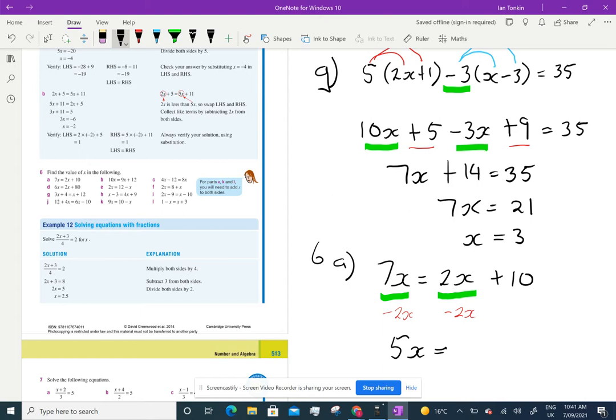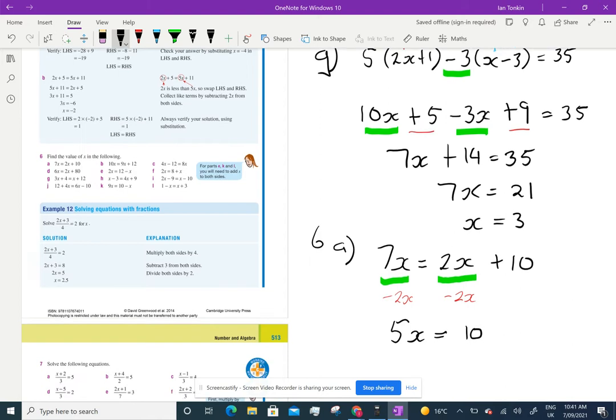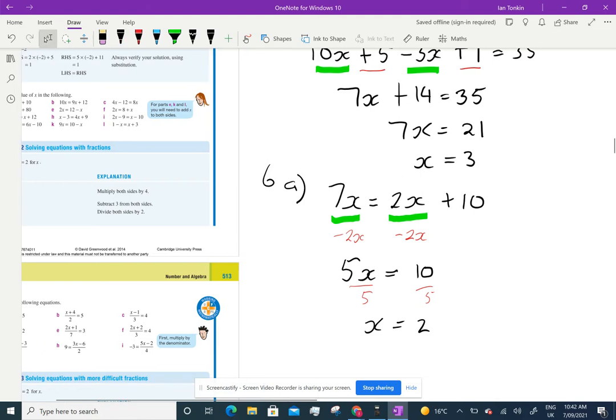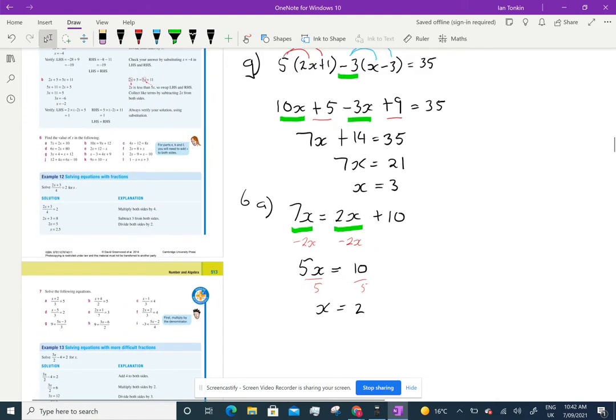And this 2x, it's gone. And I'm just left with 10. Now I divide by the 5. And I get x equals 2. I'm going to do a couple of these because these are the most difficult ones.